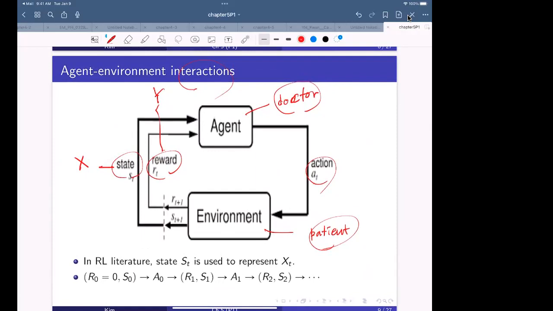But to optimize the total reward, all I have to do is choose the action. I cannot do anything directly with the reward, so I need to use the auxiliary information in order to do the modeling. So they are dependent. Yeah, this is X and this is Y, essentially.